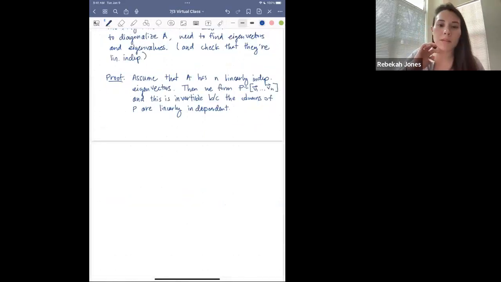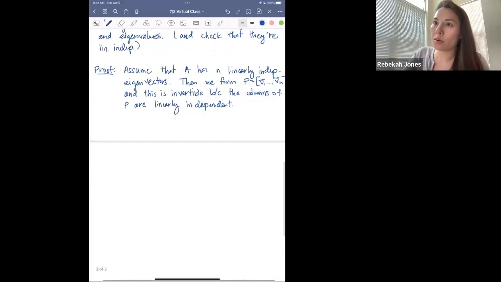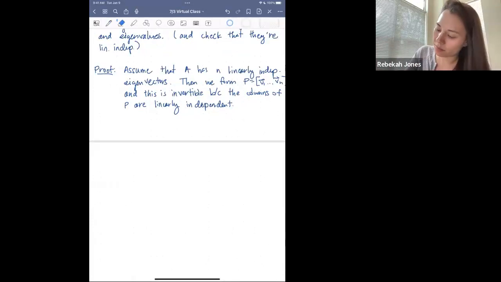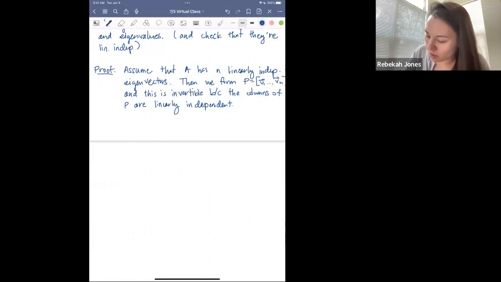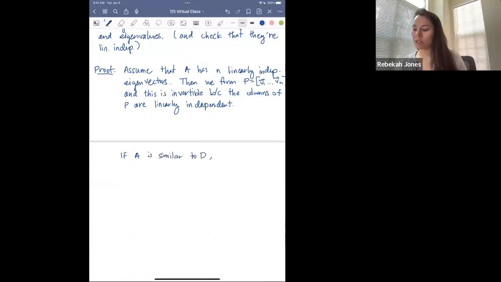Next, let's think about the matrix D. If our matrix A is going to be similar to D, then we saw before that similar matrices have the same eigenvalues. And we also saw that diagonal matrices have their eigenvalues along the main diagonal.